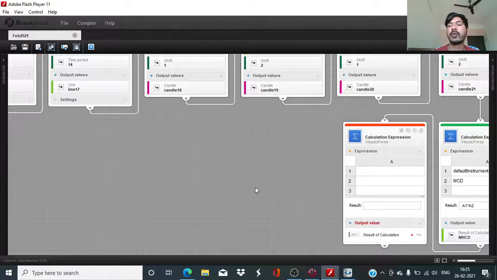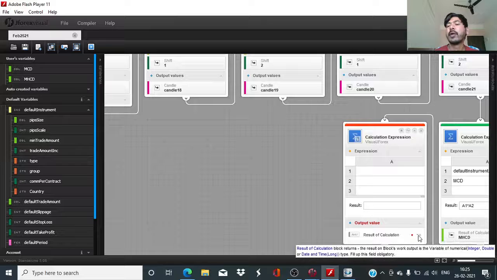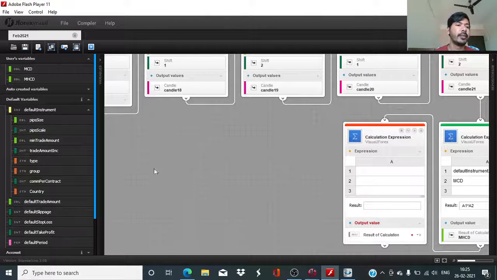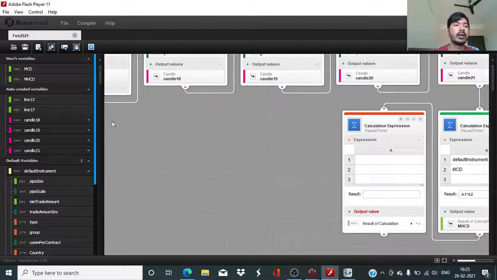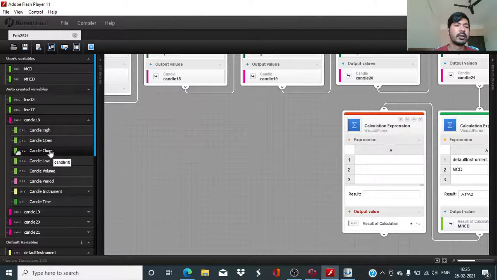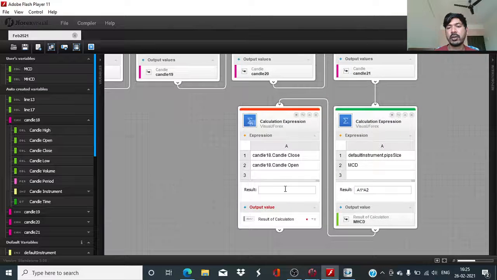And to make sure that we can define it logically, we will have to look at the actual difference and then compare that value derived with this MHCD auto created variable candle 18 is close and open price.